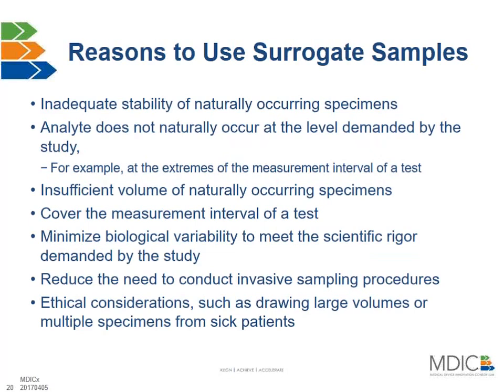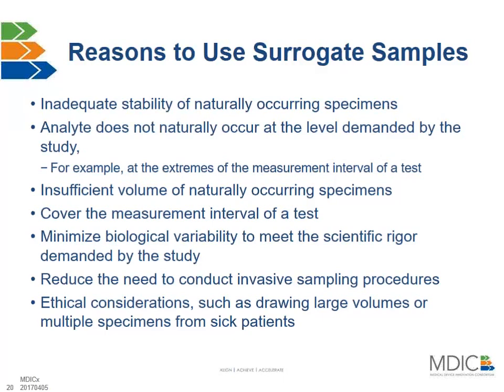An example of this would be with a quantitative test where there are challenges acquiring a sufficient number of specimens across the measurement interval of the test. And this may be true especially at the high end, low end, or at the medical decision point.